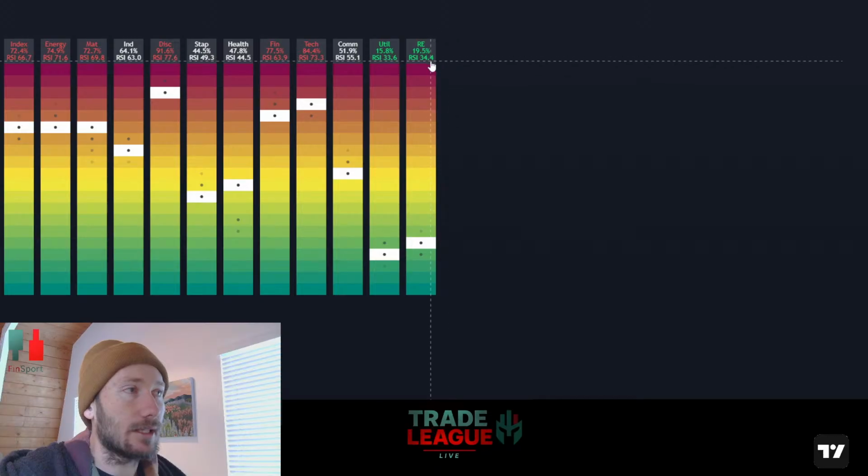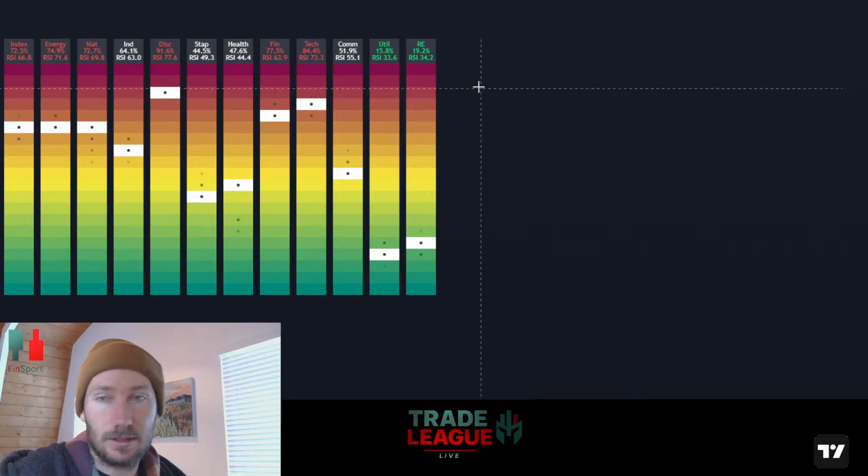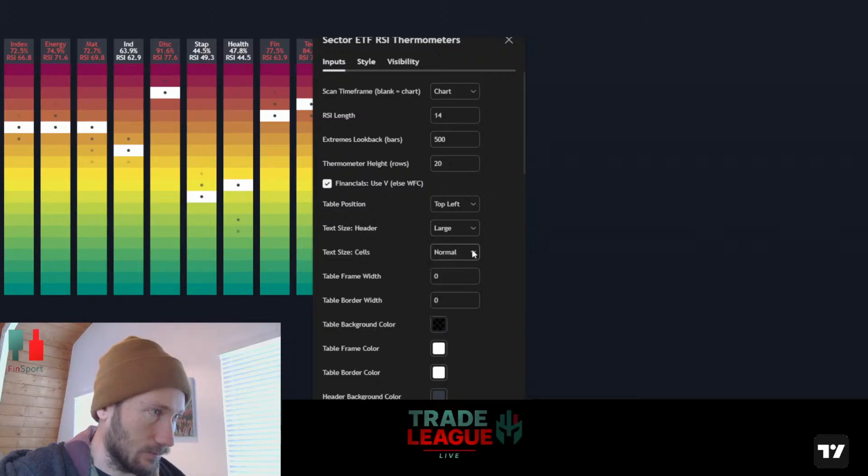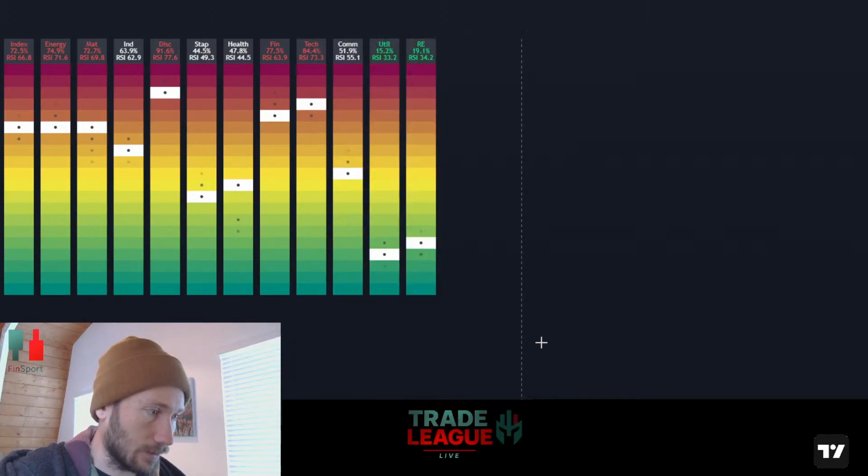So each one of these is saying RSI is 34 collectively between those three, like for real estate, for instance, up here. Okay, let me make these even bigger for you guys, because the screen size on my end is pretty big compared to your phones.